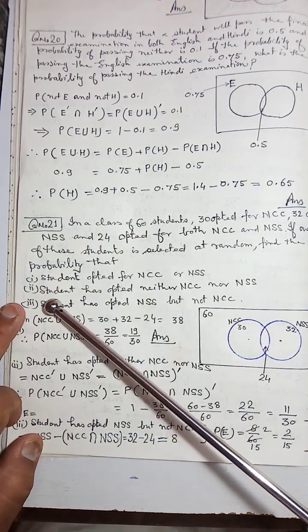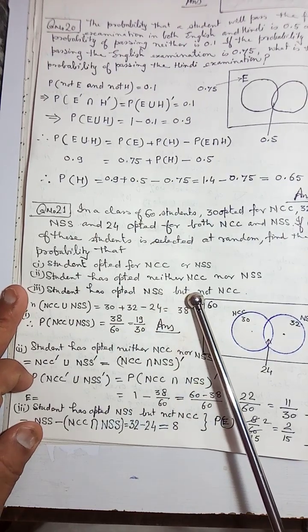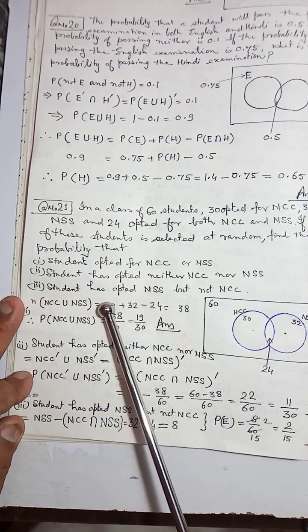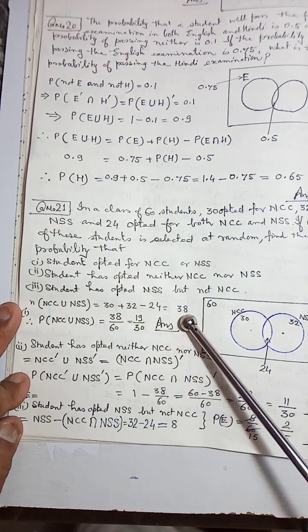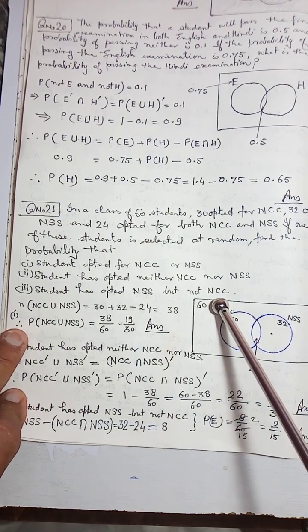In the second part, the student has opted neither NCC nor NSS. Third, the student has opted NSS but not NCC.